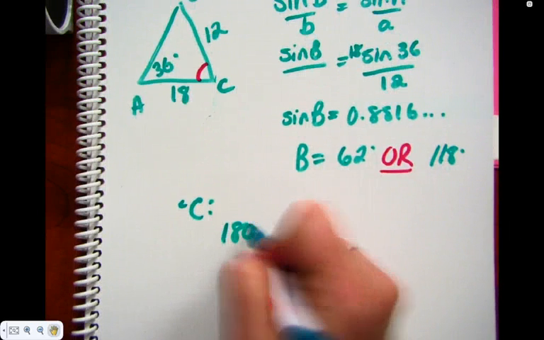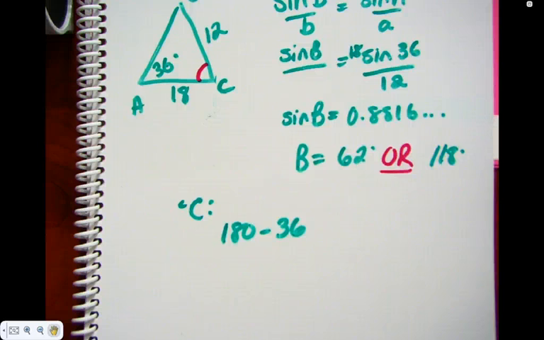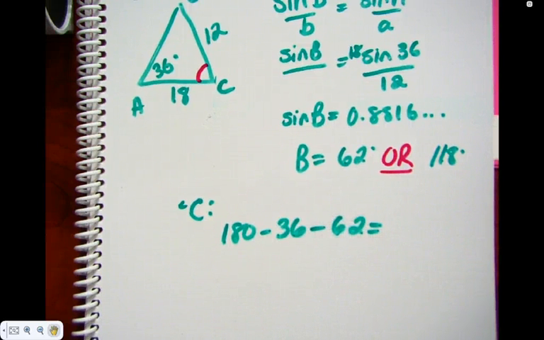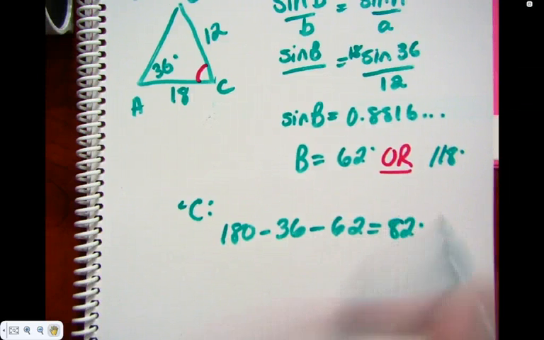Okay, so we know 180 minus the given 36 minus 62, which is 82.